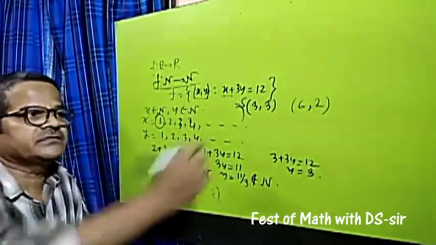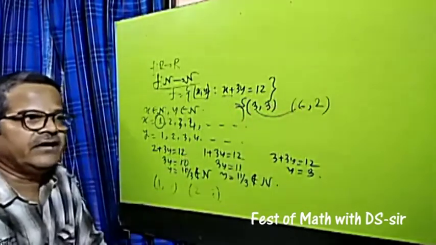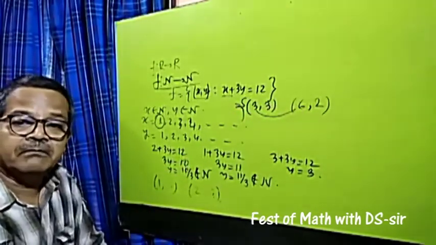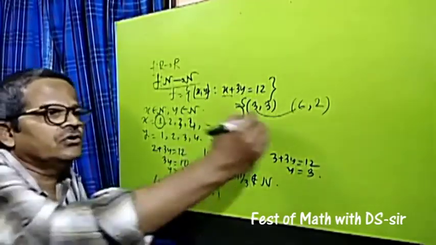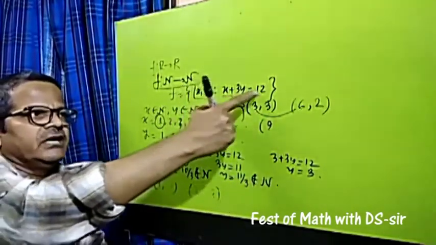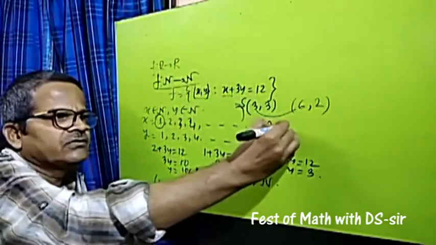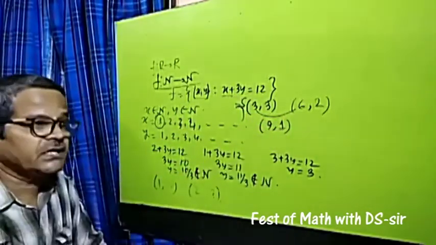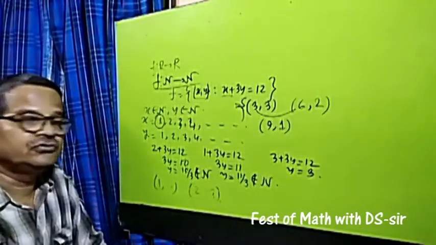Proceeding, this observation shows that the values of x will be multiples of 3. So we jump to 9. When x is 9, 3y is 3, so y is 1. After 9, we jump to 12.